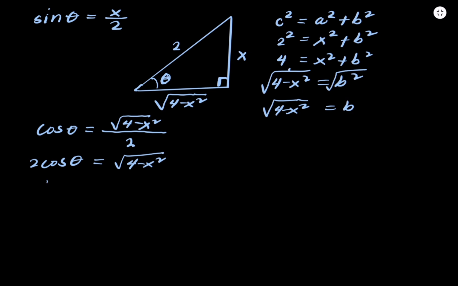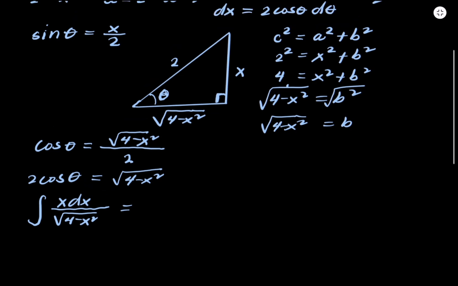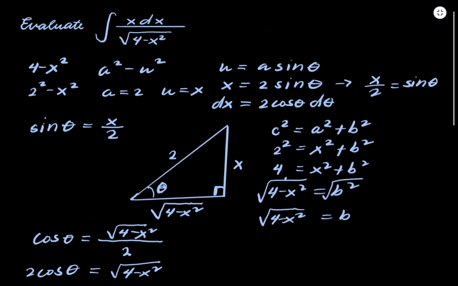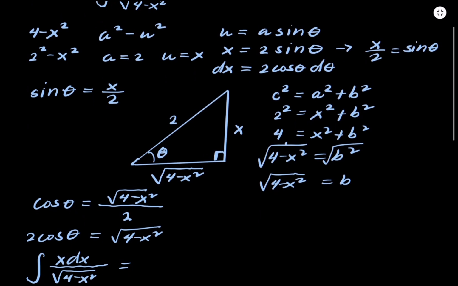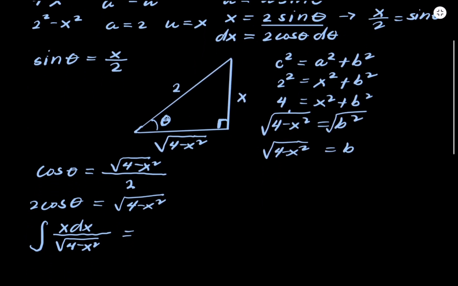Now, let us use these things to substitute in the original integral. The original integral is the integral of x dx over the root of 4 minus x squared. And what is x? Earlier, x is 2 sine theta, right? So we have the integral of 2 sine theta dx.